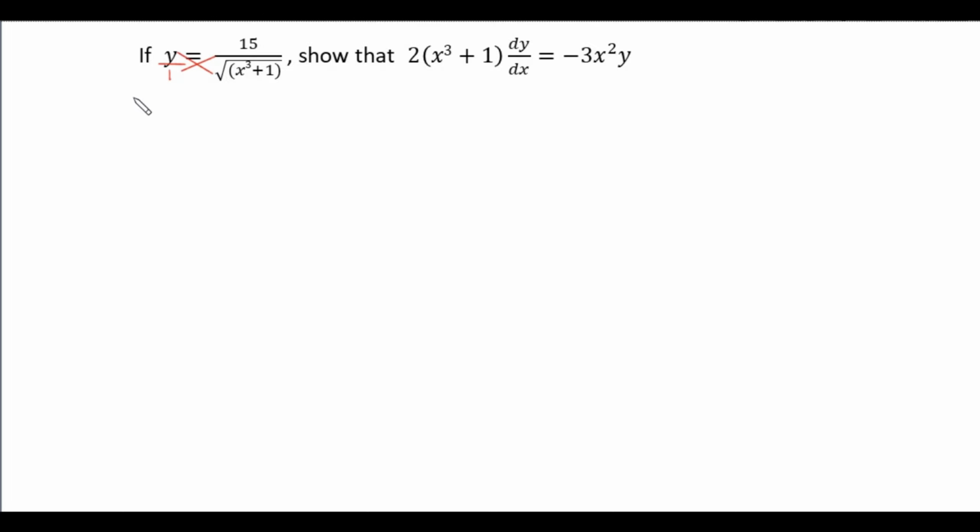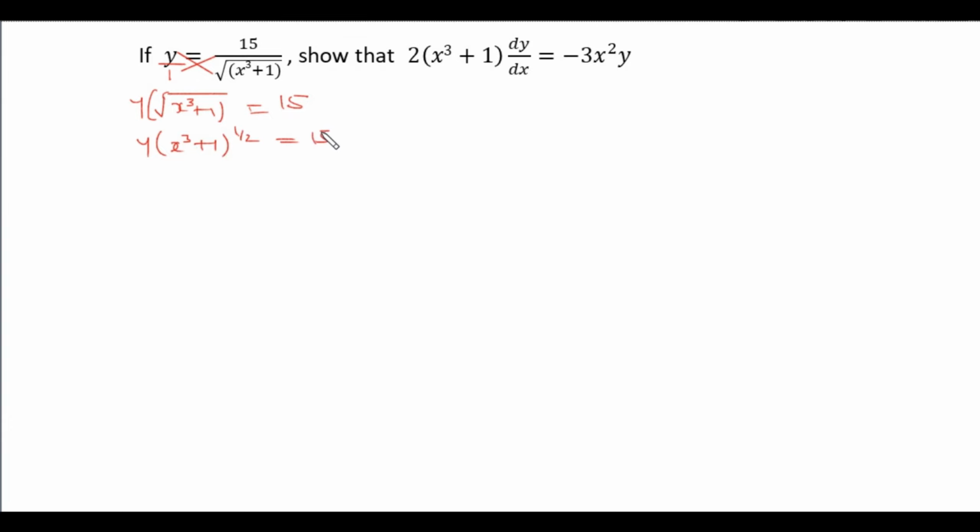So this becomes y times the square root of, remember bracket means multiplication, x cubed plus 1, is equal to 1 times 15, which is 15. We write this as y times (x cubed plus 1) all raised to the power half is equal to 15.